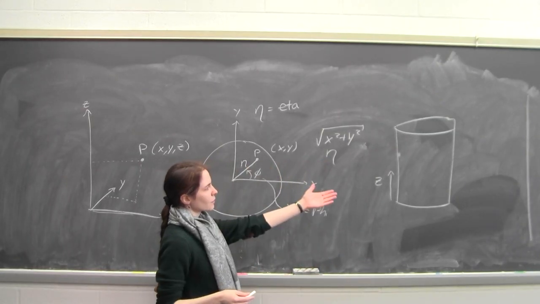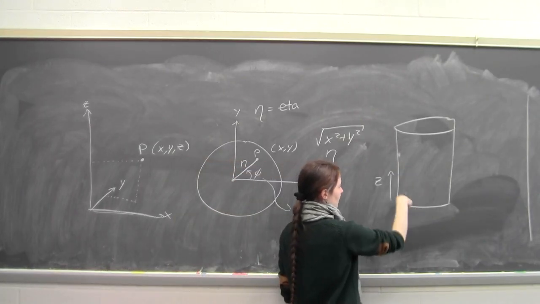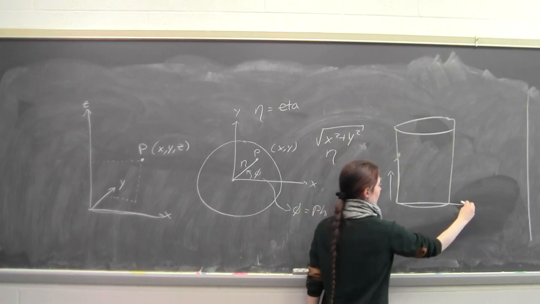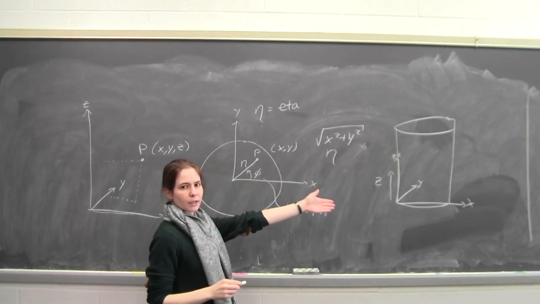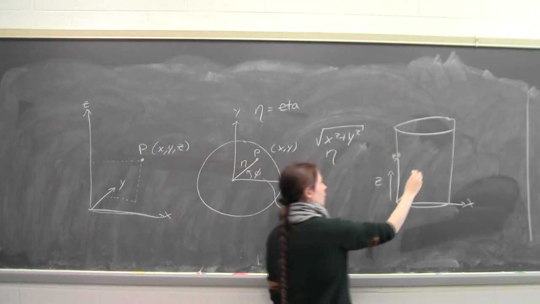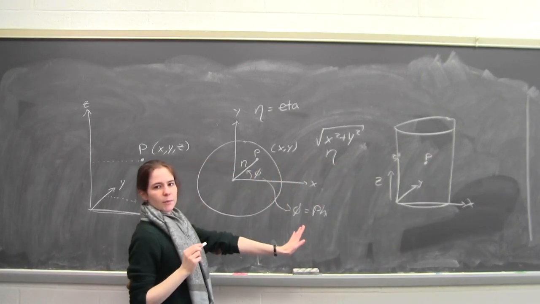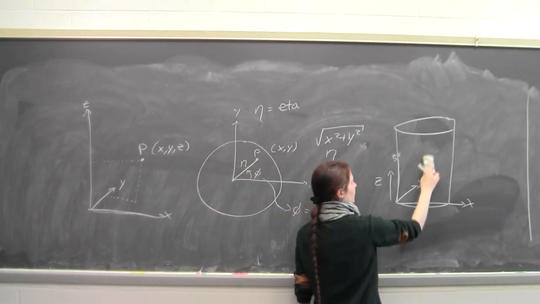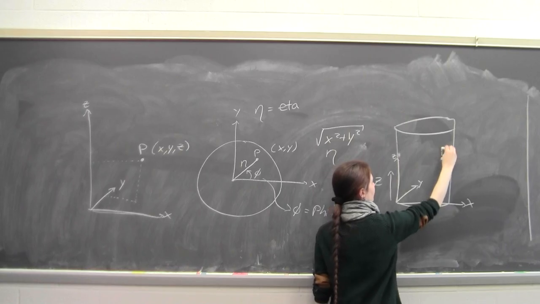And so if I have some cylinder like that, let's say that my x, y, and z axis is located at this bottom left corner of the cylinder, then our z coordinate to describe some location within the cylinder P is just going to be the same as our Cartesian z coordinate. But then, well, I drew this P right at the center of the cylinder, so let's draw this P a little bit off the center of the cylinder.